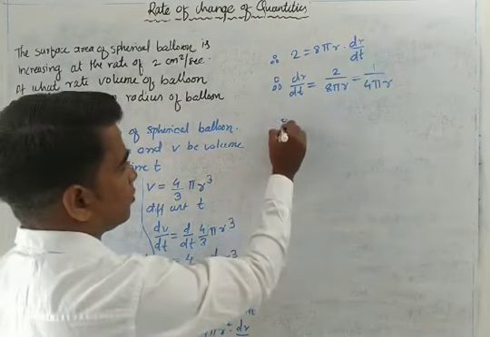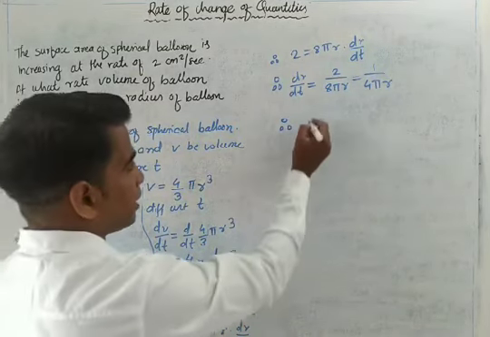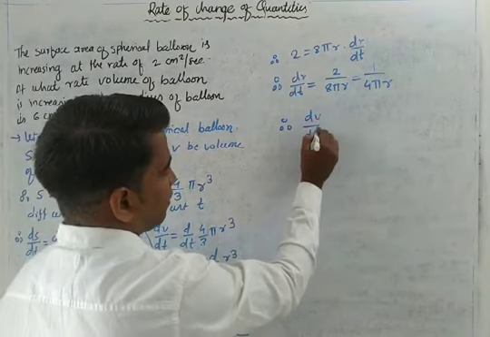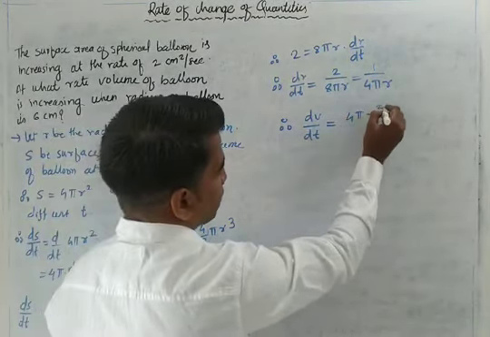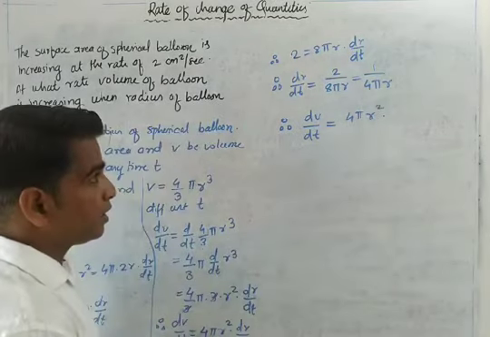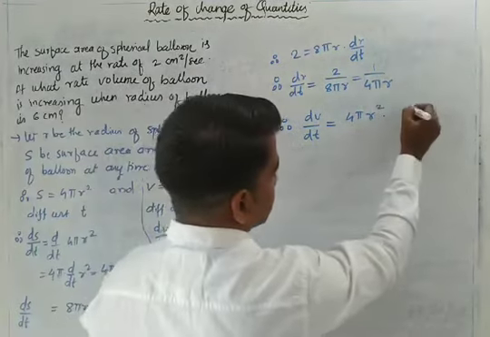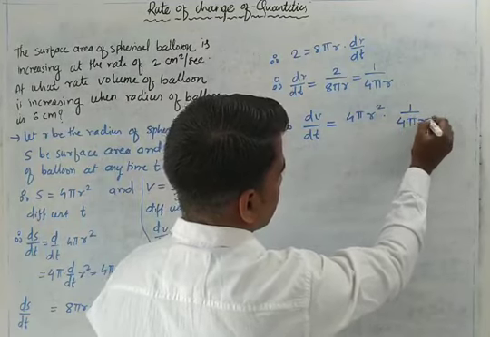Now we will check with dV by dt. Therefore dV by dt is equal to 4 pi r square, and we will substitute the value of dr by dt, that is 1 upon 4 pi r.